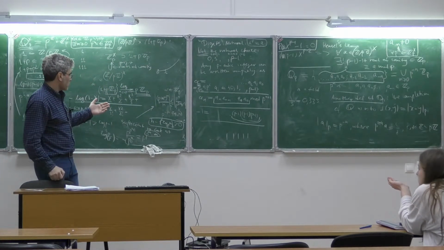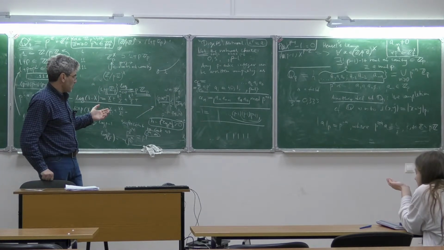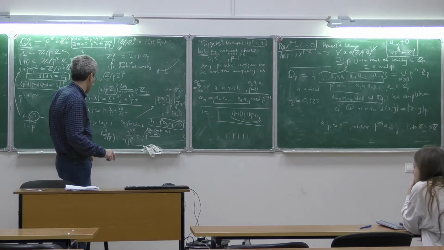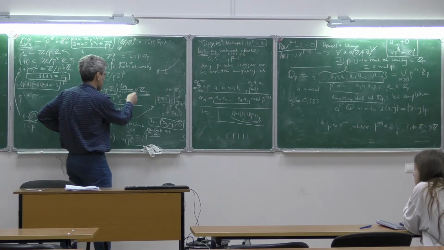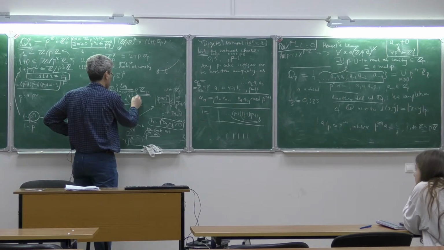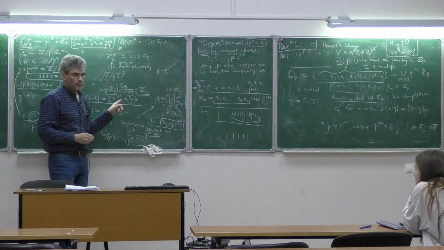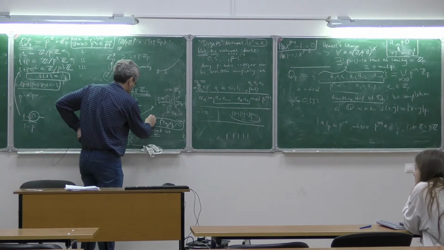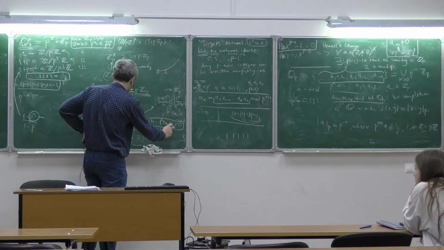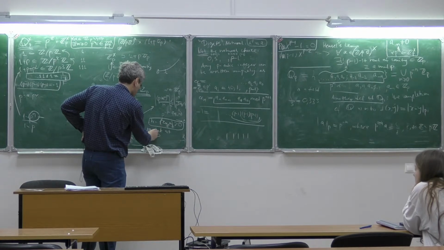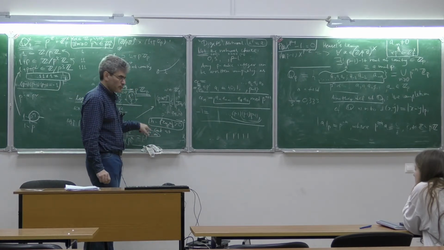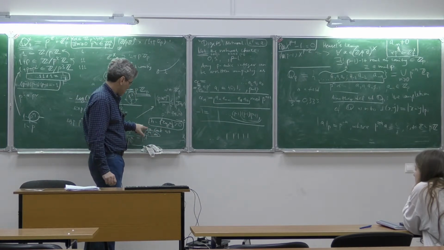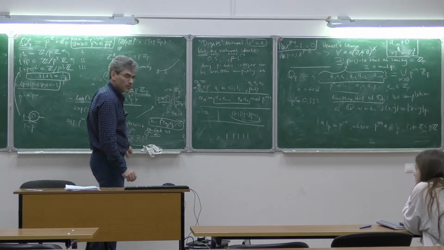And this means that we want to show that all these terms are divisible by p, or in other words, that this difference or this difference are strictly positive. Maybe even this one, yeah?